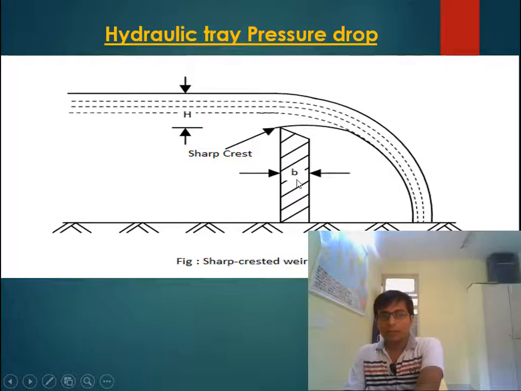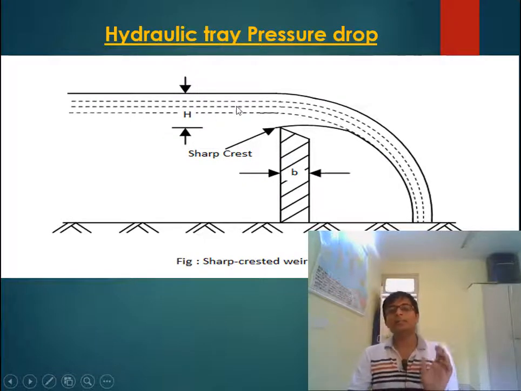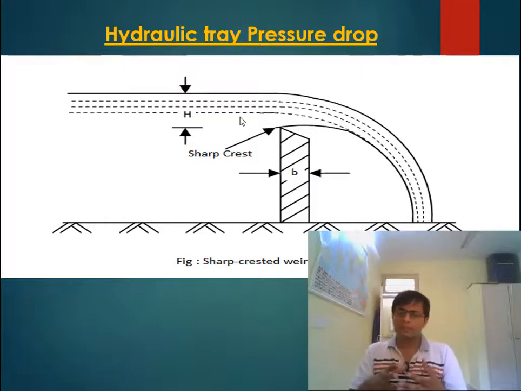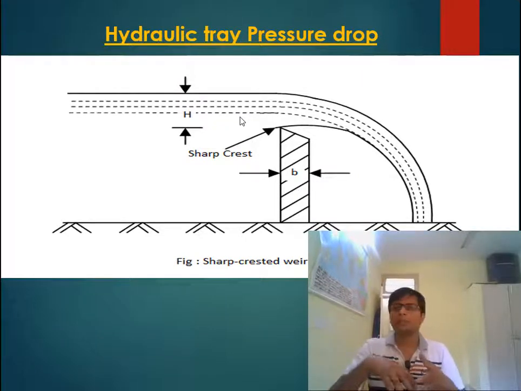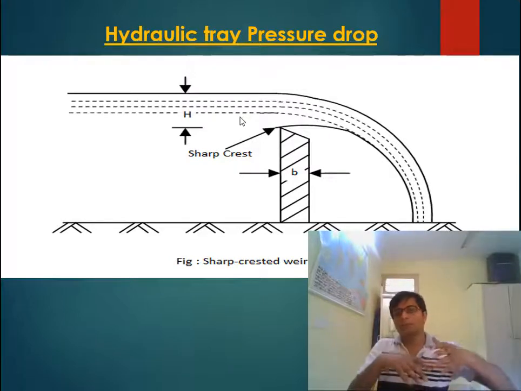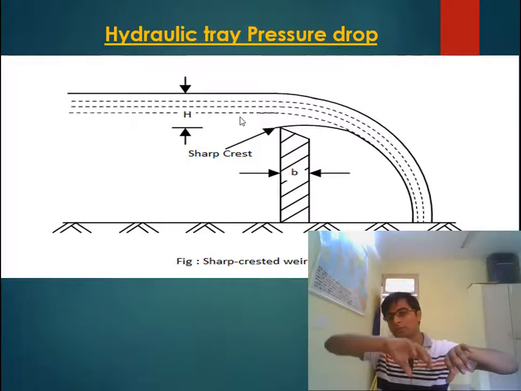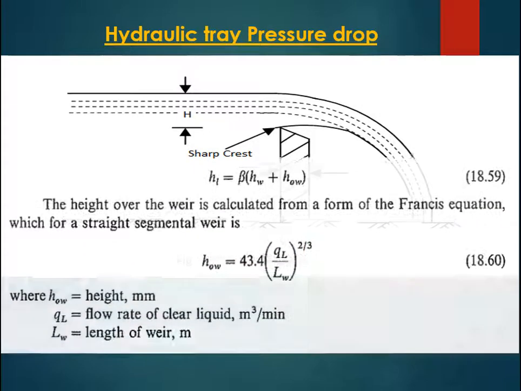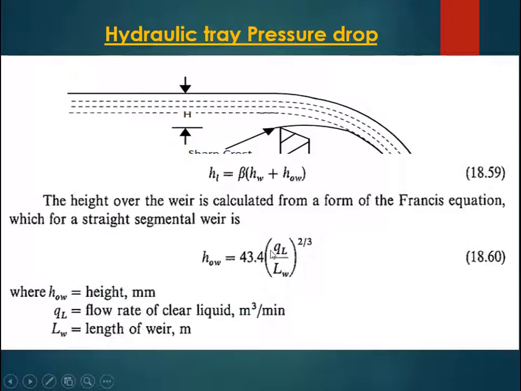Okay. Now this crest height is basically calculated by the famous Francis equation, which is for fluid flowing over a dam. When fluid flows over a dam, it also makes a crest, and that crest height is calculated by the Francis equation, and that is given by this equation.